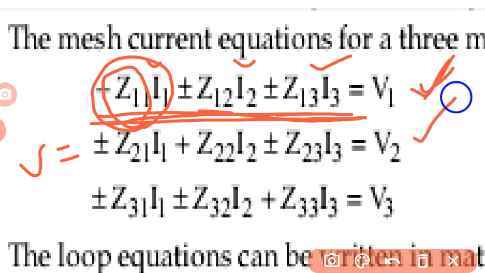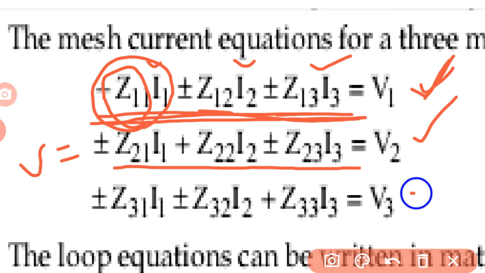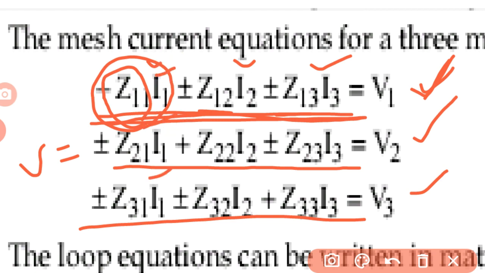Again, V2 is the sum of all voltage drops in loop 2, and V3 is the sum of all the voltage drops within loop 3. So we have V1, V2, V3, and at the same time the currents I1, I2 and I3 flow through loops 1, 2 and 3.